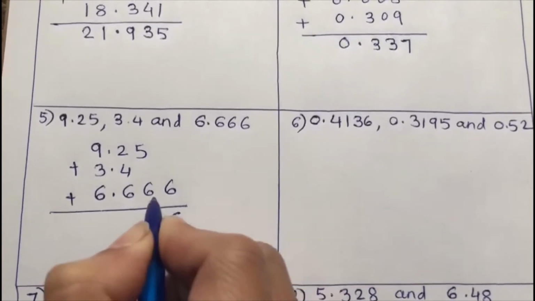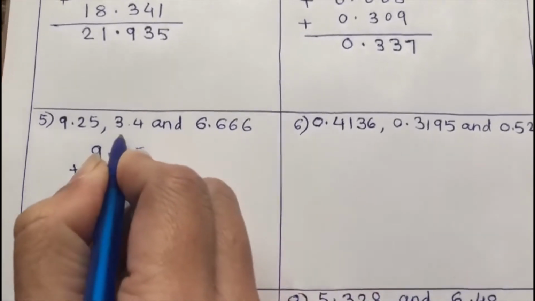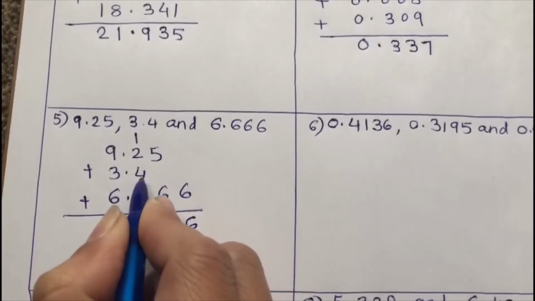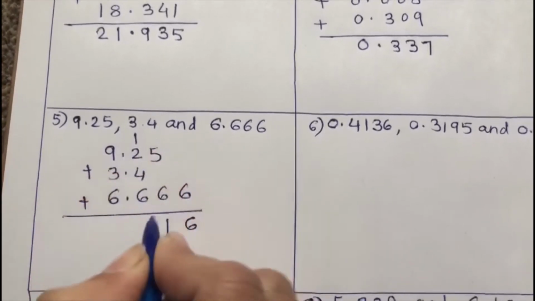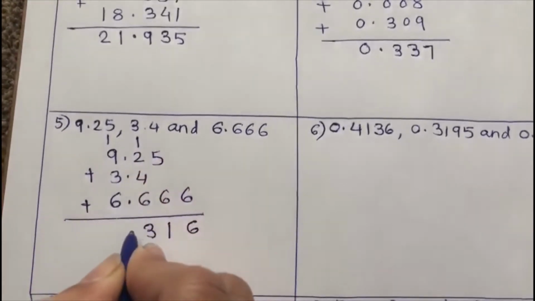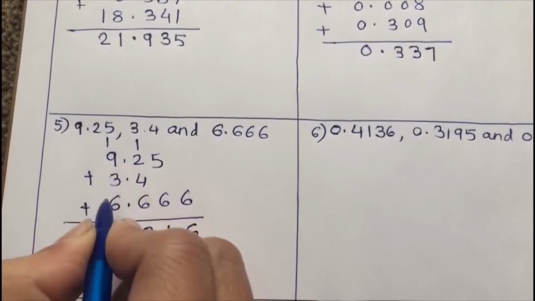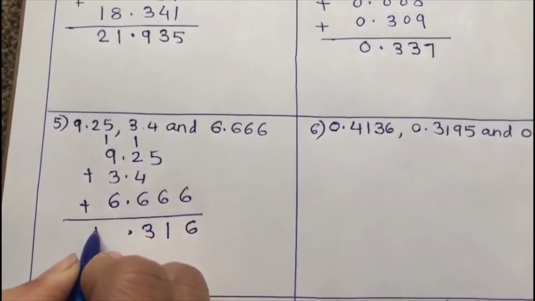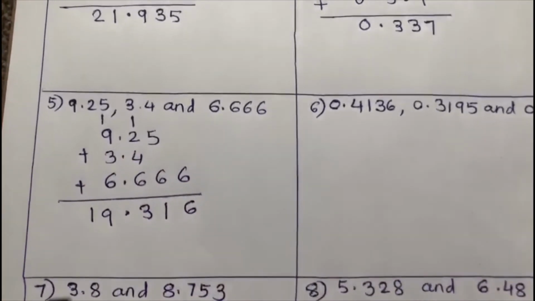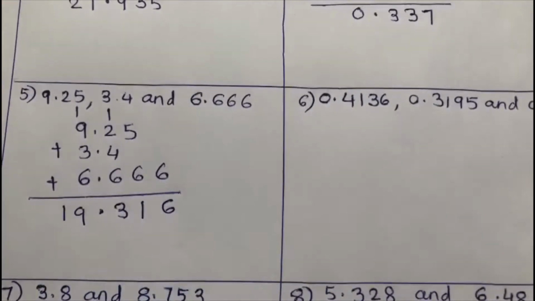So I write 6 here. Now 6 plus 5 is 11. So I carry 1 here. 6 plus 4 is 10. 10 plus 3 is 13. So I carry 1 here. And below the decimal point I give decimal point here. So 9 plus 1 is 10. 10 plus 9 is 19. Our answer is 19.316.